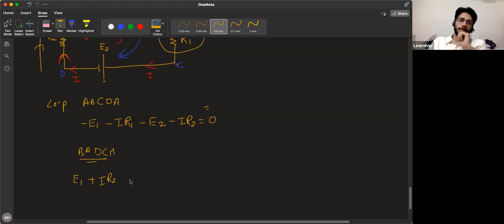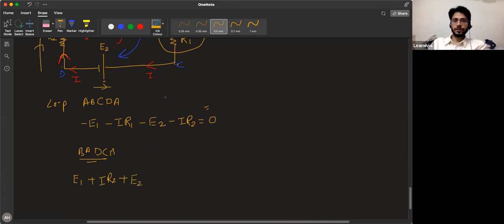Rise, positive, negative? Negative. See, when you have a cell, then we don't see direction. We just see whether you are moving from lower to higher or higher to lower. You're going from negative to positive. It's a rise, na? It's a rise. So it should be positive.